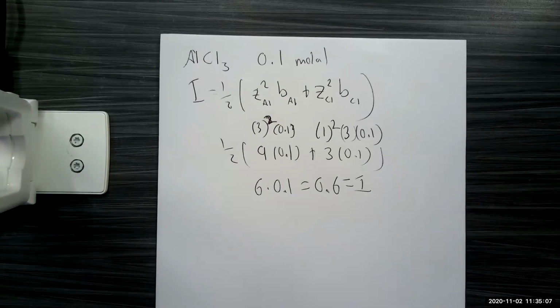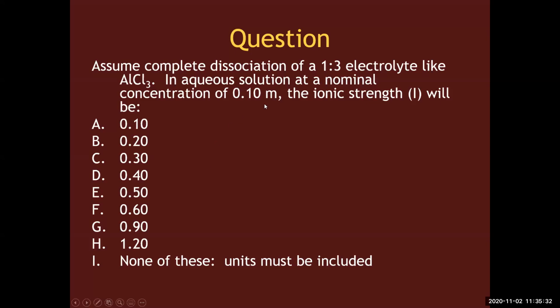In that problem where it says the aqueous solution is at a nominal concentration of 0.1 molal, I would assume that means the entire solution totals to that concentration. So I thought the molal of aluminum would be like 0.025 and chloride would be like 0.075. Oh, no, it just meant you dissolve 0.1 moles of aluminum chloride.